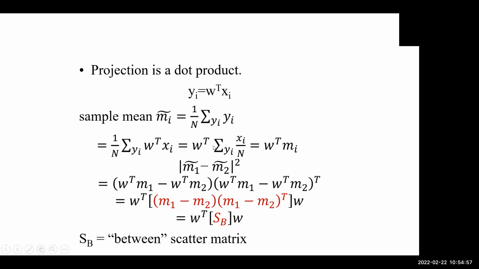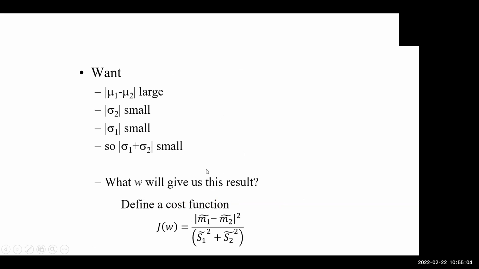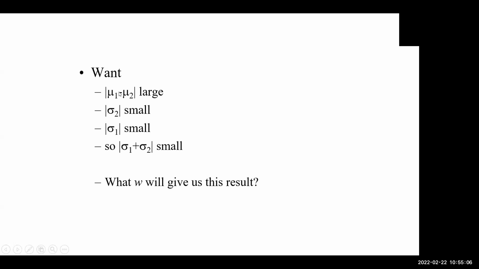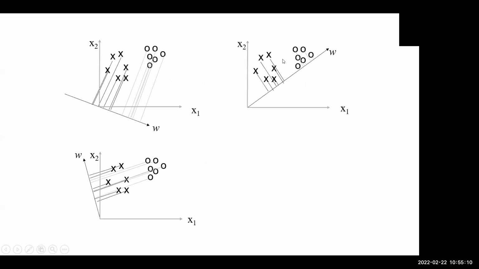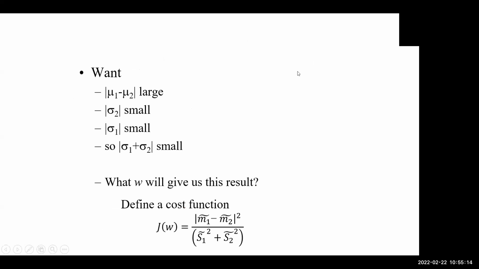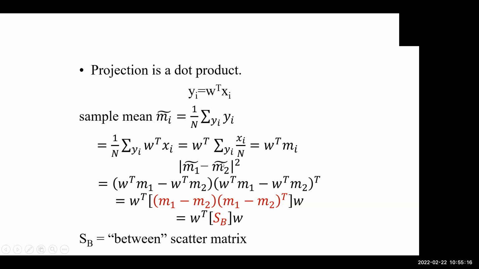We want our sample means after projection to be far apart. That's what we said here. We want the means to be large after projection. So we want this distance to be large. So we're going to put in two different means.